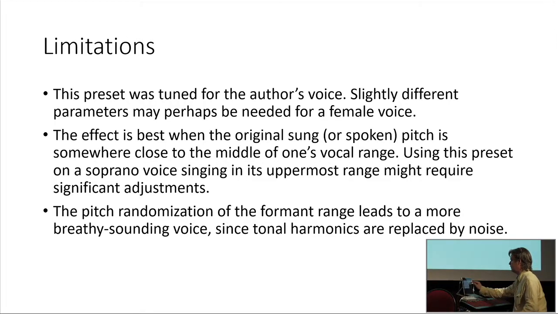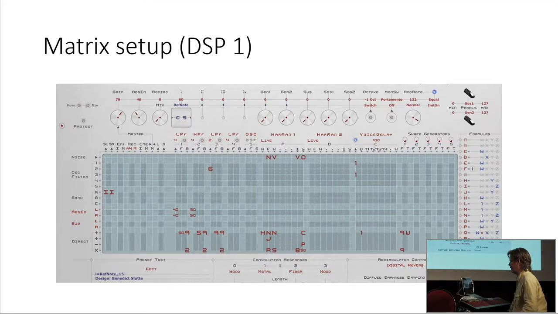And I could show it from the editor as well, of course, but this is just what DSP1 looks like. So you can see quite a lot of filters, and voice delay is playing the main role, and then harmonic manipulator is doing the actual granular resynthesis. And then DSP2 is very similar.